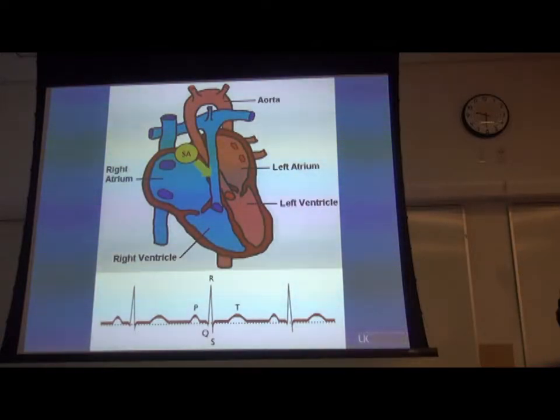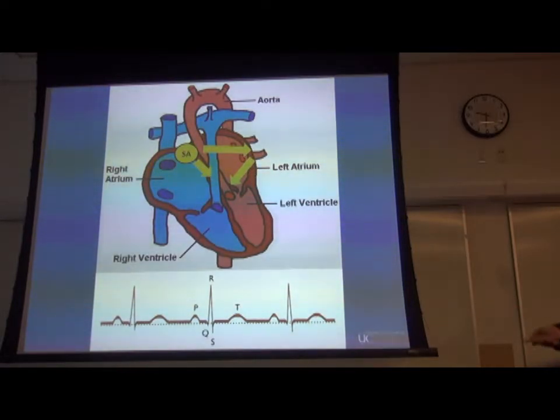But going on, this SA node essentially has electrical conduction that goes around the atria, the two top chambers of your heart, and that's responsible for the P wave.